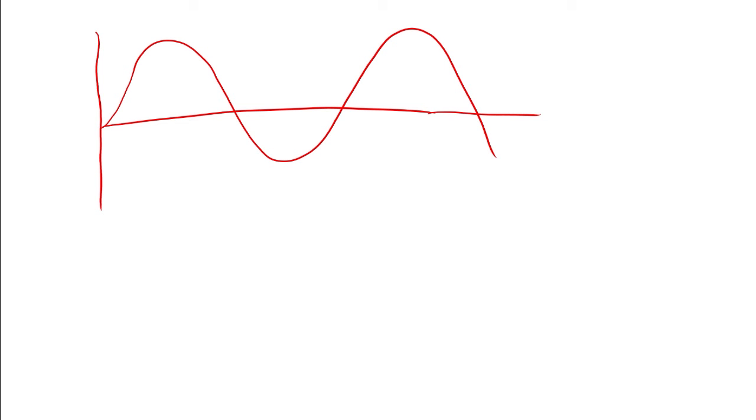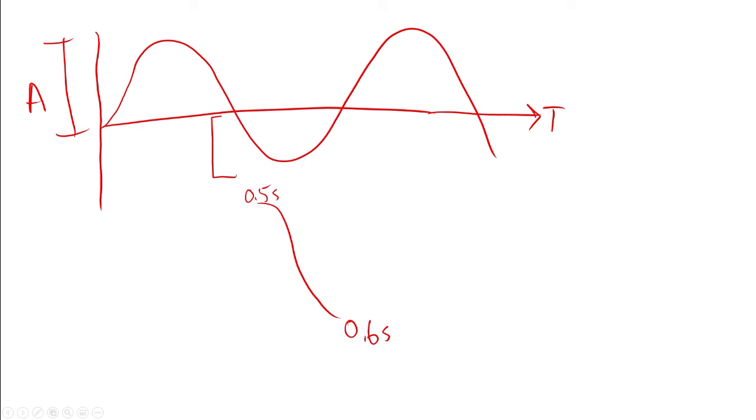If I take the signal as an amplitude, and this is time, and I take a section of the signal, let's say from 0.5 seconds to 0.6 seconds, imagine I want to measure the value of our signal here, and here, and here.